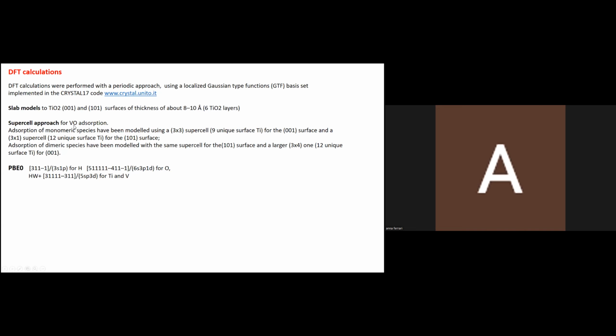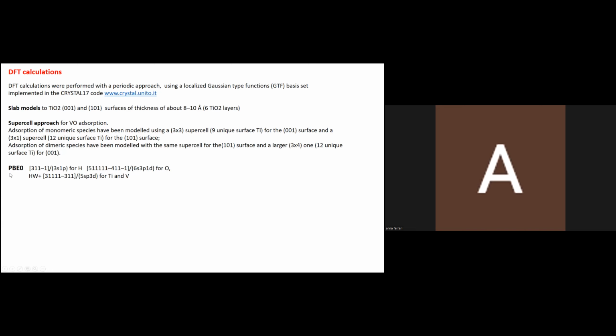Also, when we consider the adsorption of vanadium, an important point is to avoid contact between the two adsorbates, which causes spurious interaction. So I use a supercell approach, a cell large enough to avoid this spurious interaction.